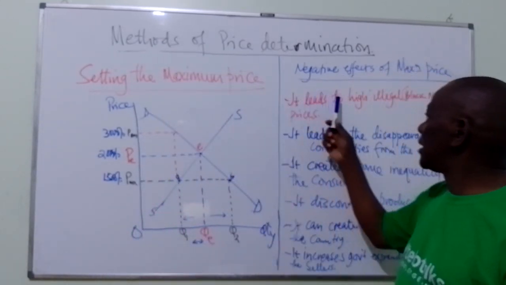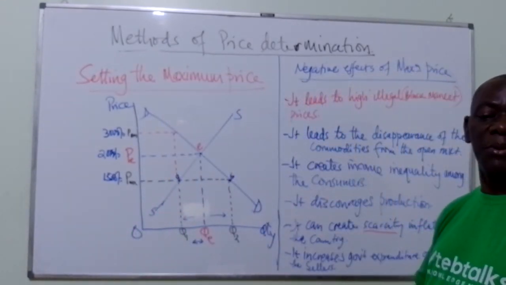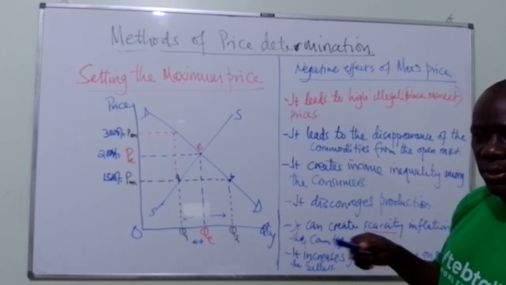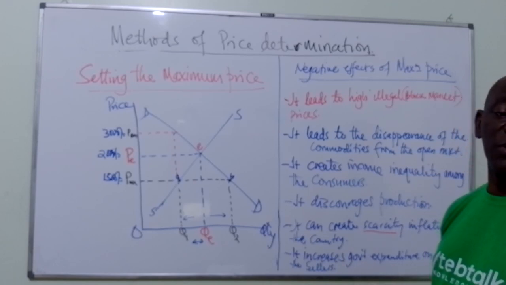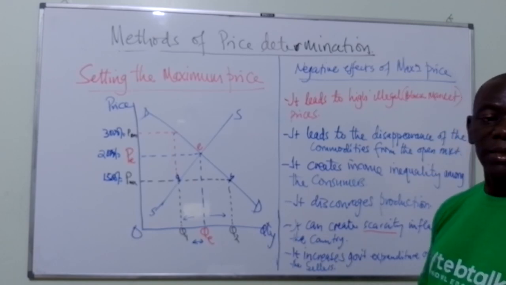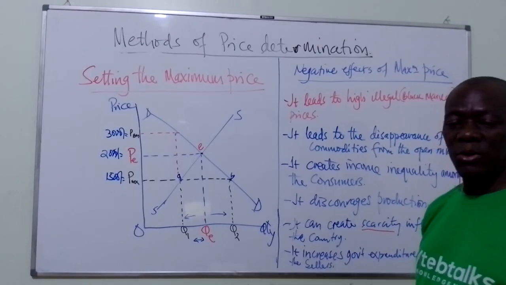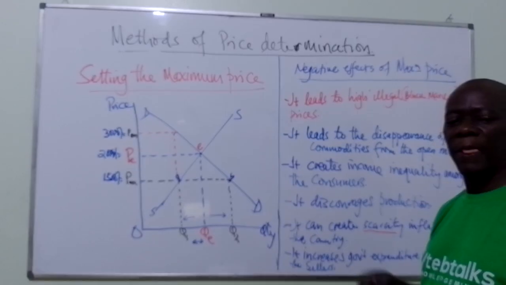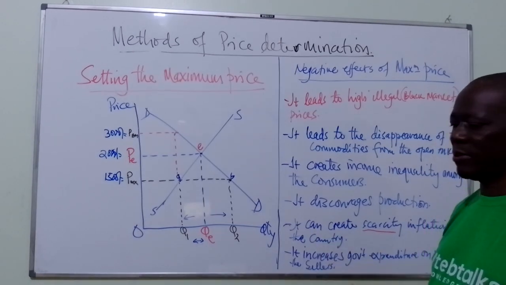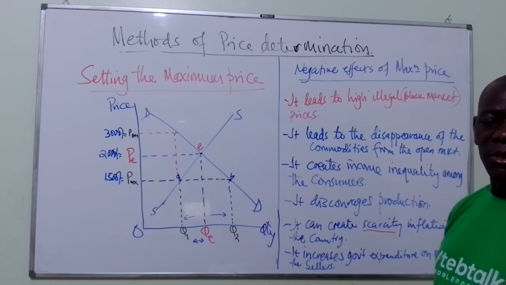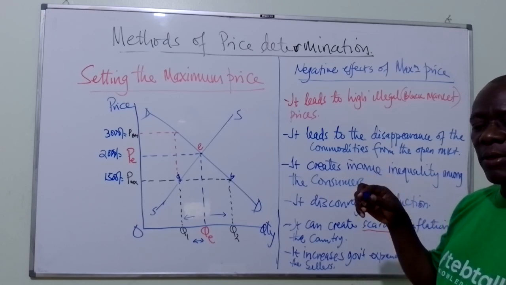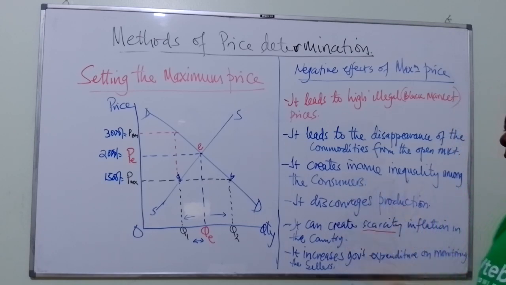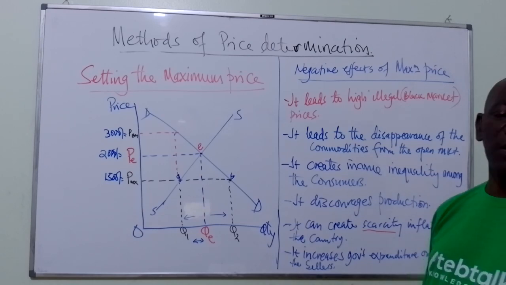Because it's illegal to sell at a higher price, you have to employ police, security, and intelligence to make sure that people are not selling. And you have to increase the expenditure of arresting, taking them to court, taking them to prison, those who are selling at a higher price, those who are selling on the black market. It's not only arresting; you have to have a plan for intelligence to find out who is selling at a higher price, who is hiding the commodities. So now government expenditure increases.